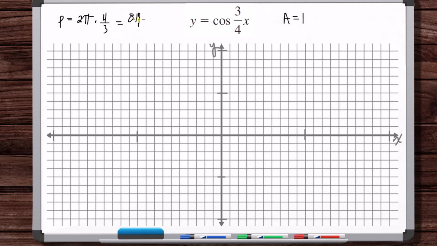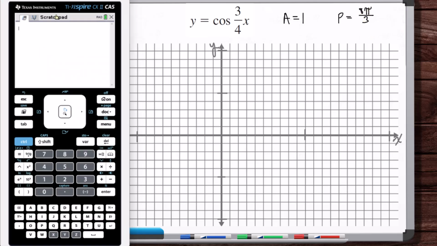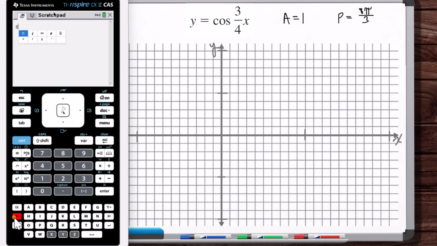That's 8/3 pi, around 8.4. Now, we'll make the far left and the far right tick marks of the x-axis maybe 3 pi. Yeah, let's do 3 pi.